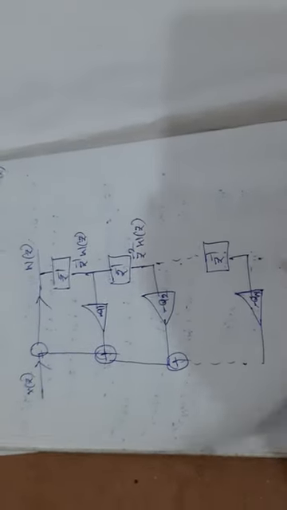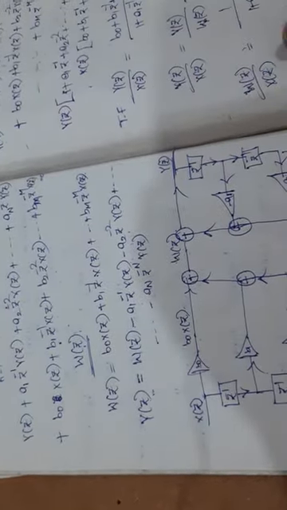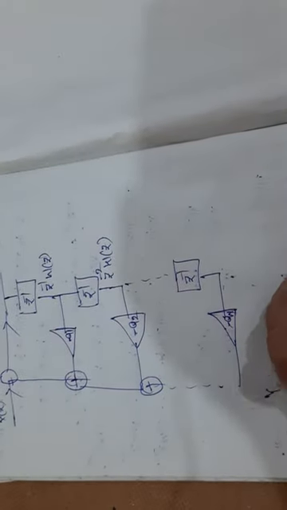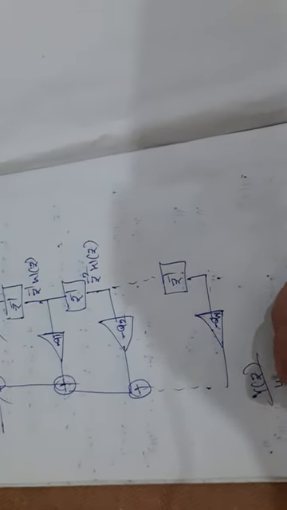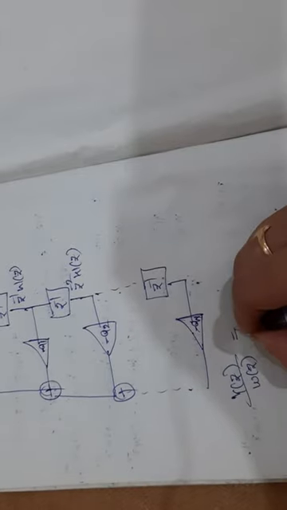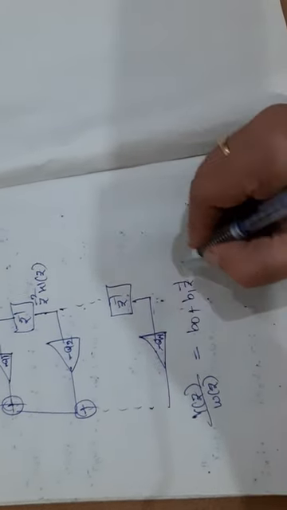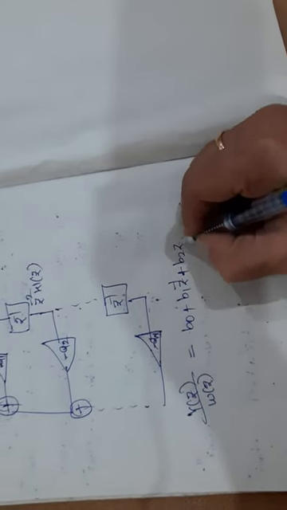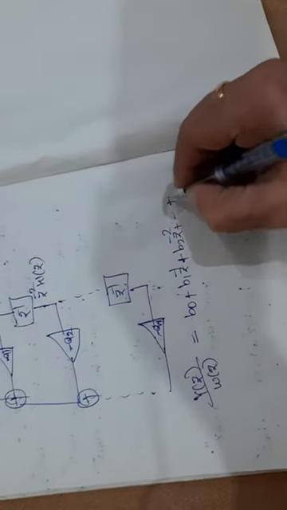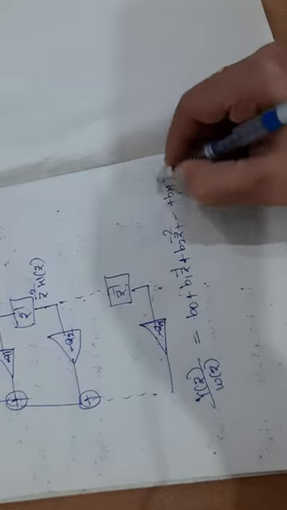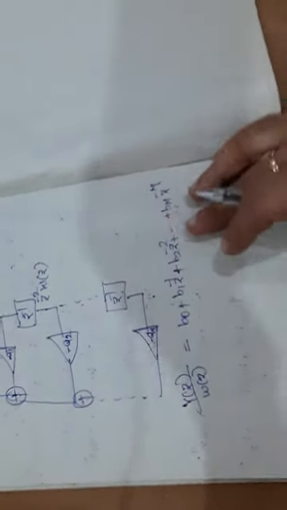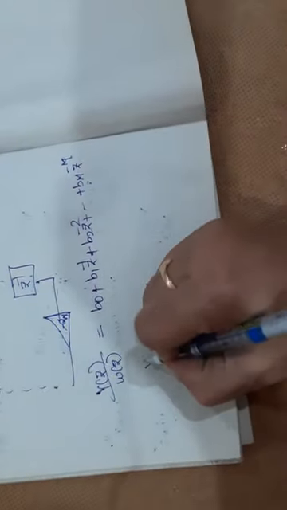Next, the second equation, this one, Y(z)/W(z). Y(z)/W(z) is equal to b0 + b1 z^-1 + b2 z^-2 + ... + bm z^-m. So how can this be realized?